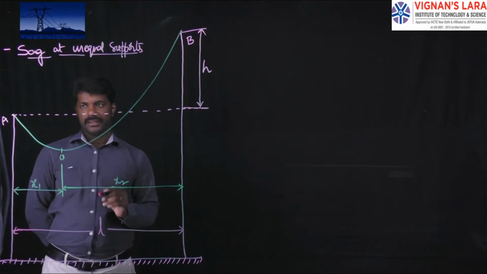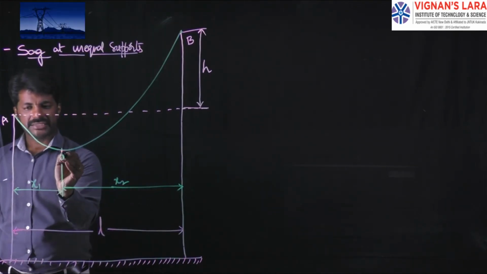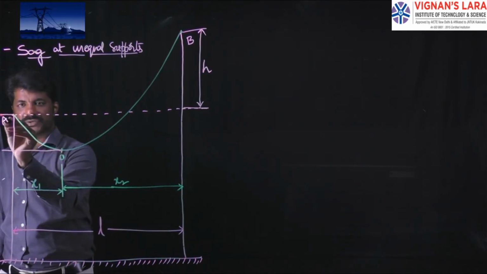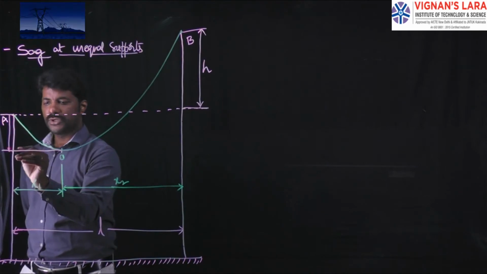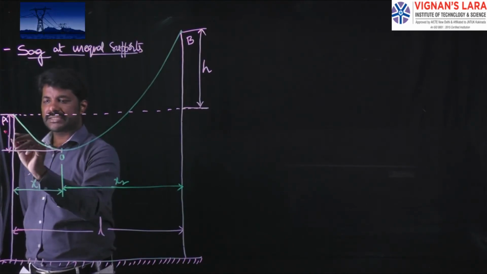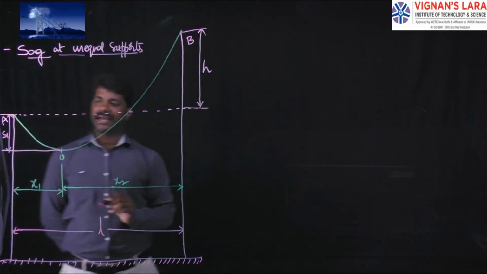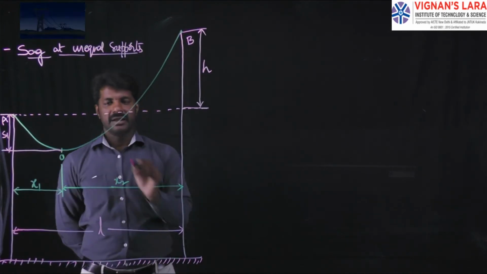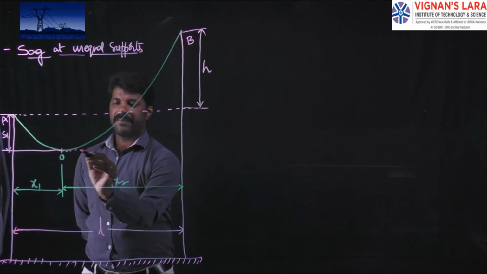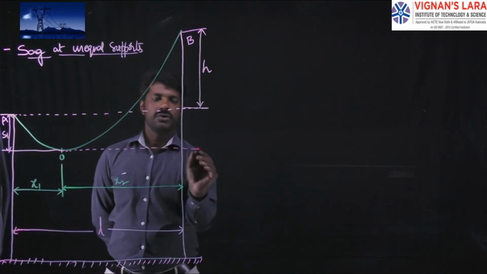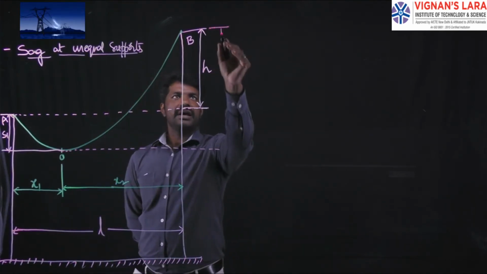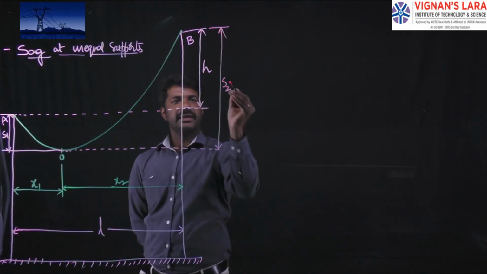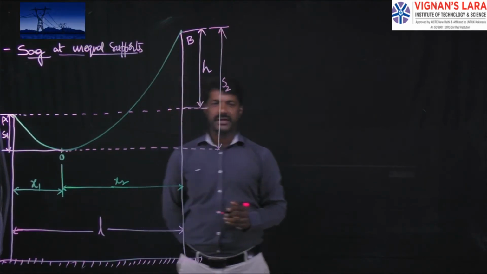The estimated sag between the lowest point of the conductor and the lowest, smallest support is S1. S1 is the sag with respect to the shortest tower. And next, with respect to the same point O, the sag to the tallest tower is S2. These are the assumptions.